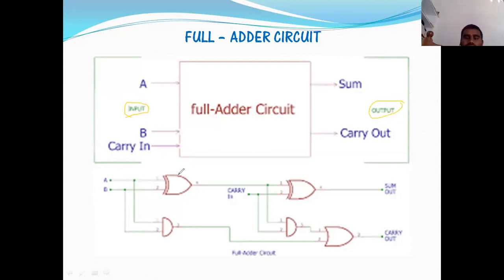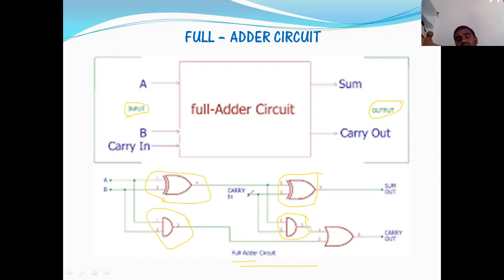So here we have the full adder circuit. This full adder is represented with two half adders. So in a half adder we have an XOR gate like this and an AND gate like this, and also here we have an XOR gate and an AND gate. So this is one half adder circuit, and this one is the other half adder circuit.